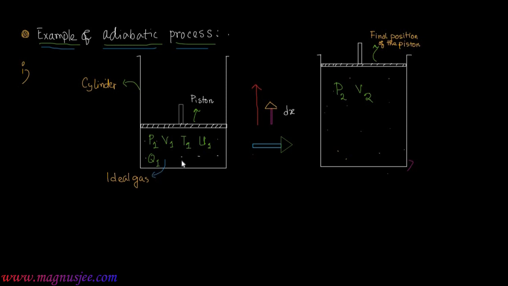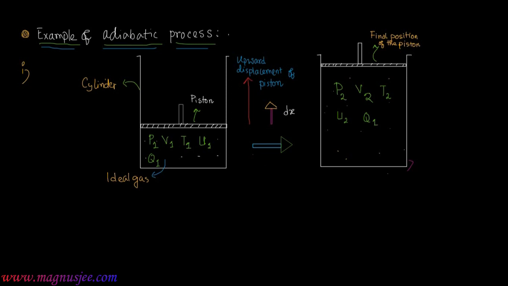Q1 is the initial heat energy of the ideal gas, and on the right hand side, T2 is the final temperature, U2 is the final internal energy, but heat energy remains constant as Q1. Due to expansion of the ideal gas, the piston moves upwards.